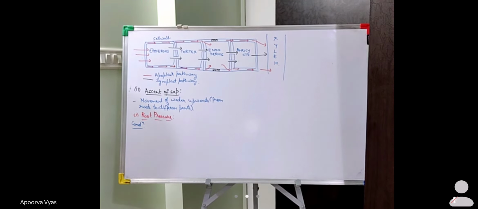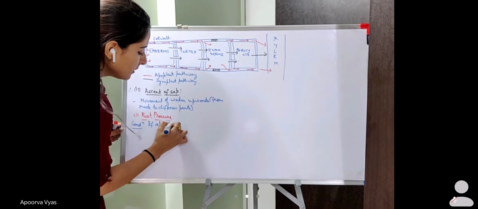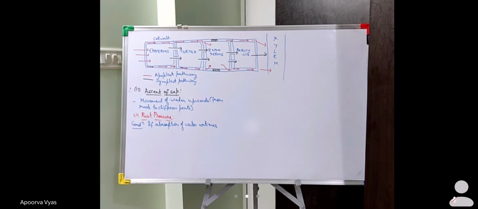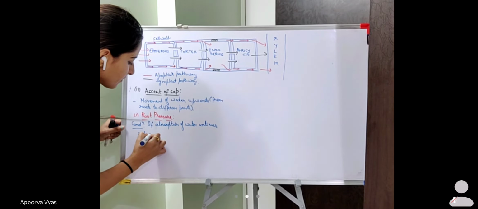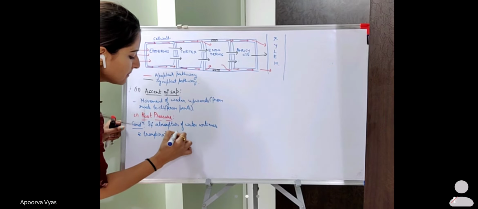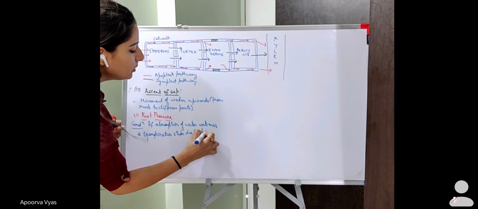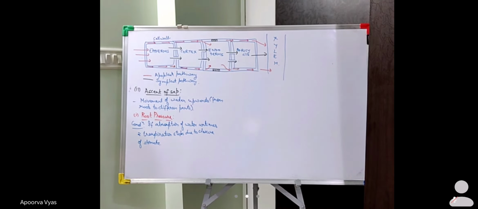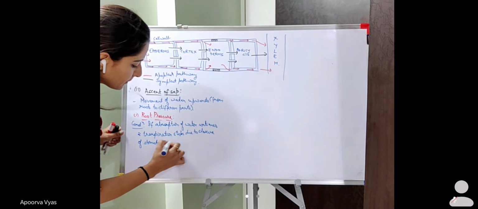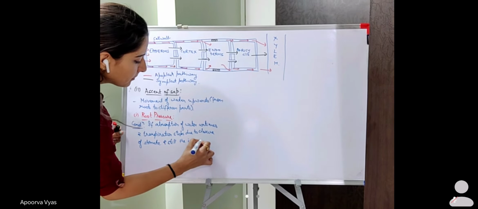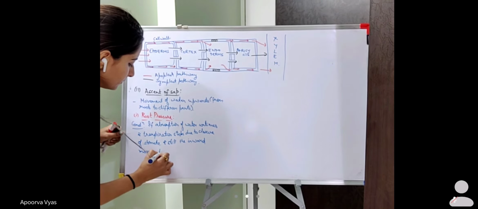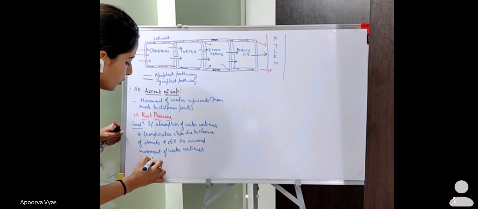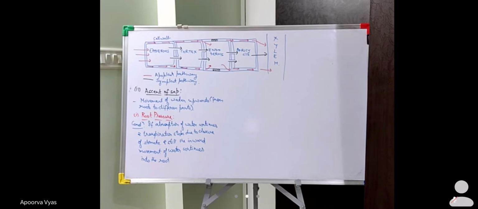If the absorption of water continues and transpiration stops due to closure of stomata. ठीक है, and still the inward movement of water continues into the root. ठीक है, अच्छा, अब ये रूट प्रेशर ये क्या है?